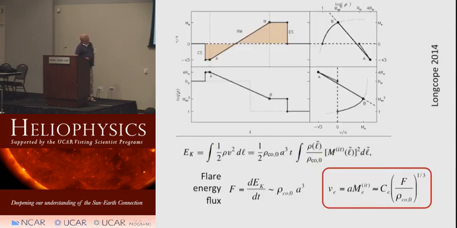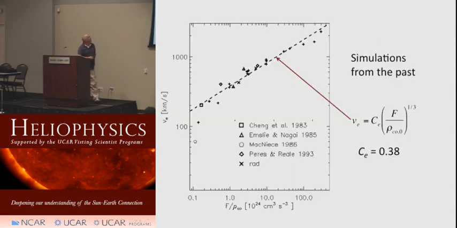The prediction, which I did skip over, I will admit, is that the evaporation velocity and also the shock velocity goes as the amount of energy that's created to the 1/3 power, with a coefficient that we don't determine, but I take all these runs and you determine that it's 0.38.